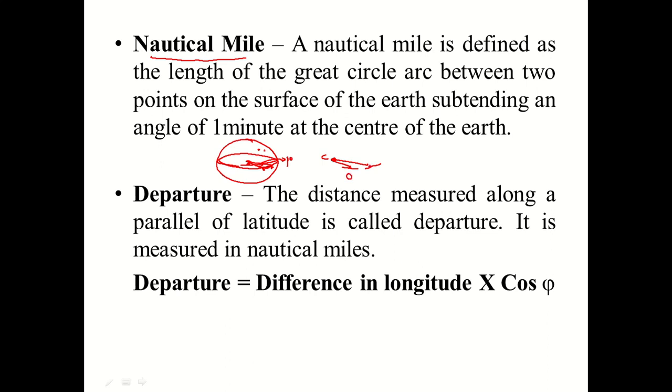The angle subtended by the 2 radius vectors drawn from the center to the 2 points on the same great circle on the surface of earth is 1 minute, then this distance is called 1 nautical mile.